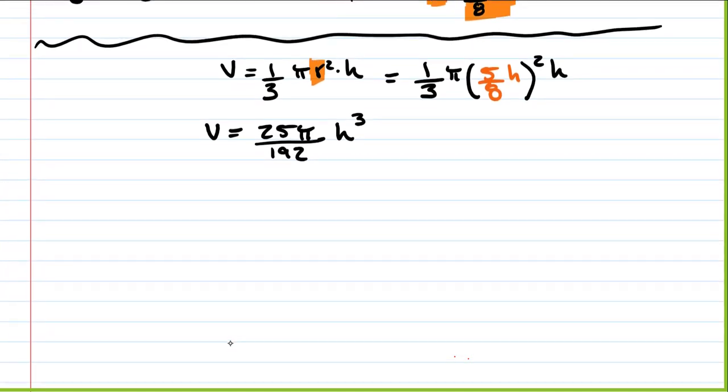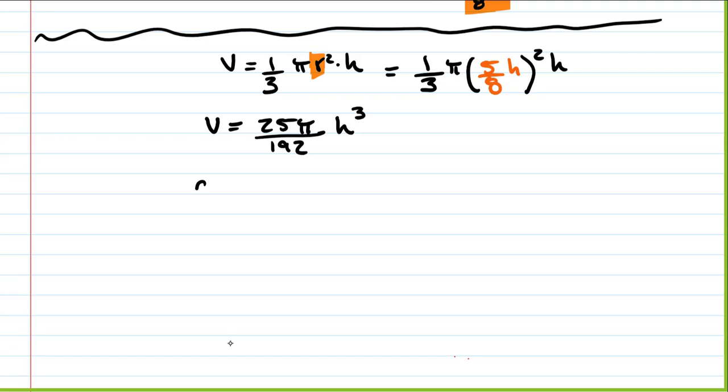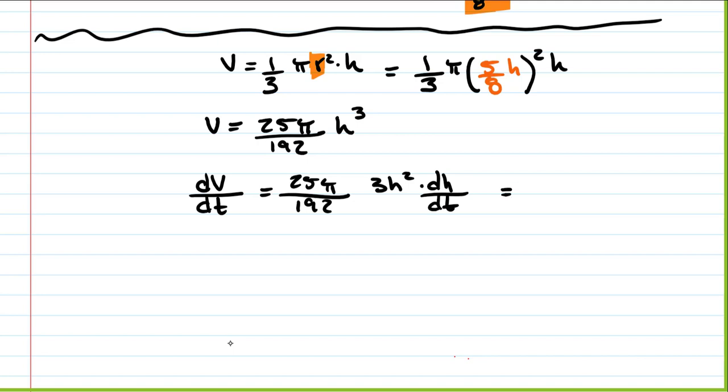So we get this nice formula to finally take dV/dt. So dV/dt is 25 pi over 192. The derivative of h cubed is going to be 3h squared times dh/dt. So 3 times 25 is 75 pi h squared over 192 times dh/dt.